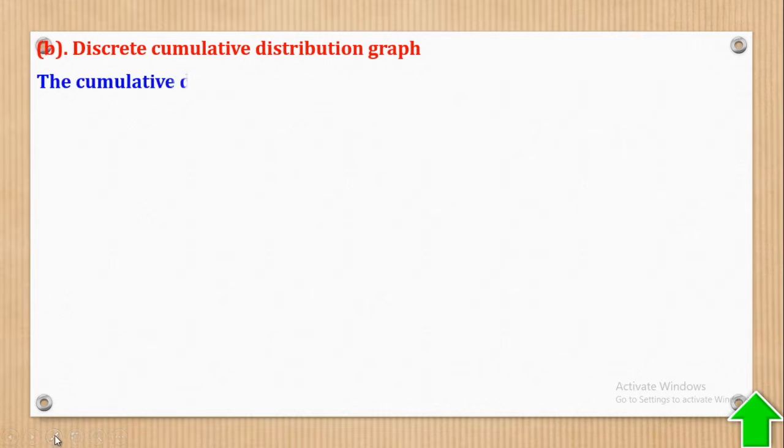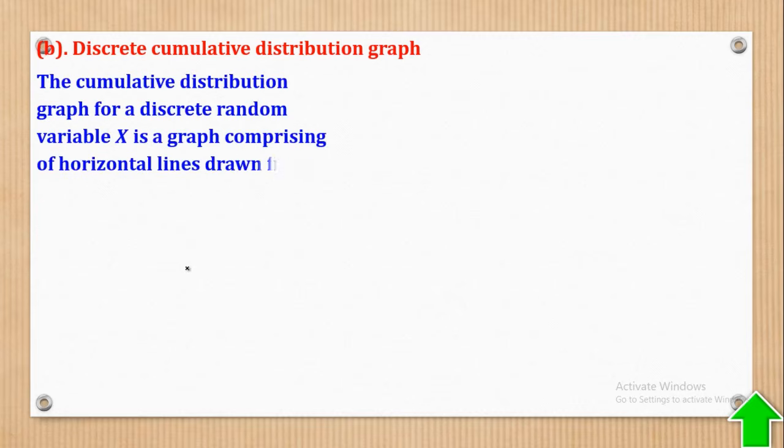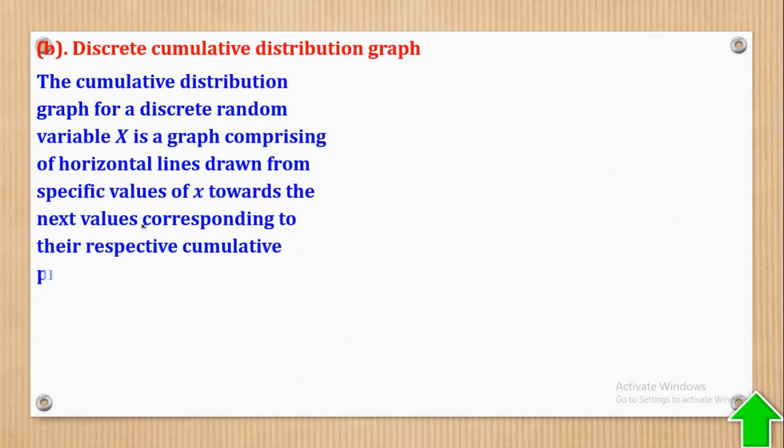Now just like we saw how to draw a discrete probability distribution graph, here we should also see how to draw a discrete cumulative distribution graph. Unlike the one for a probability distribution graph, for a cumulative discrete distribution graph of a discrete random variable x, the graph comprises horizontal lines.